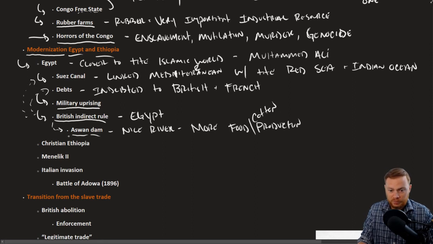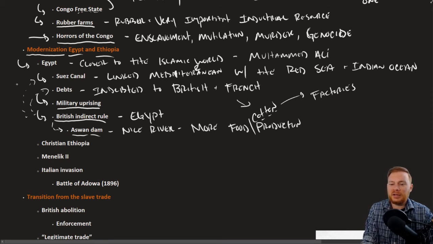A dam is a way to blockade a river, and then you could open up the dam to allow just the right amount of water that you want. This allowed for much more cotton to be produced in Egypt and head to British factories, which was, of course, important. So both cotton and the fact that the Suez Canal linked British trade with India were both important factors for why the British came in and essentially established some sort of an indirect rule in Egypt there.